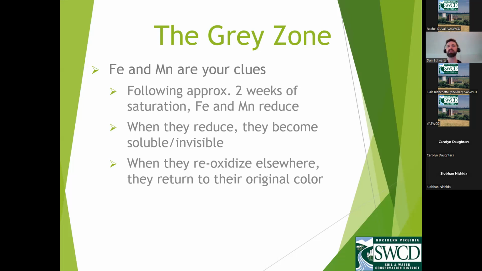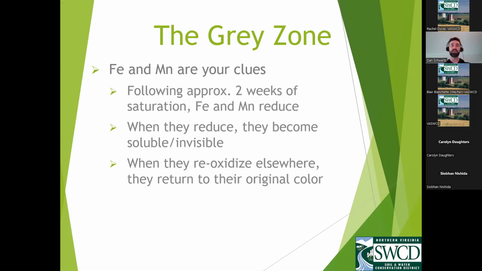Well, generally speaking, if a soil is saturated for about 2 weeks or longer, and there's biological activity in the soil, meaning there's microbes or other critters that are decomposing organic matter and using up the oxygen, after 2 weeks of that saturation, the free oxygen within that soil is going to be pretty much entirely depleted, and you're going to have an anaerobic, anoxic type of environment.